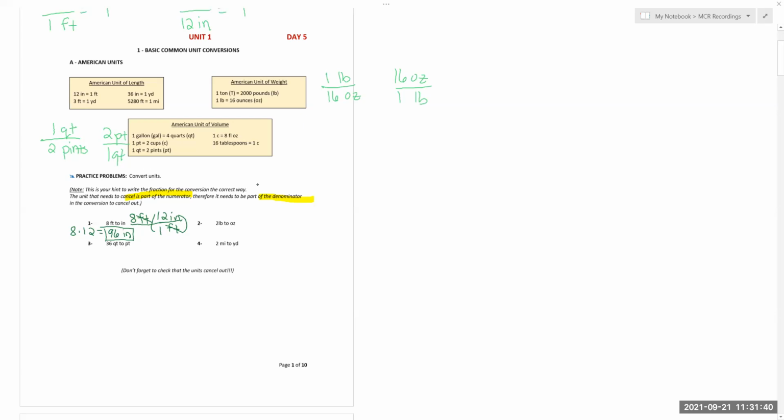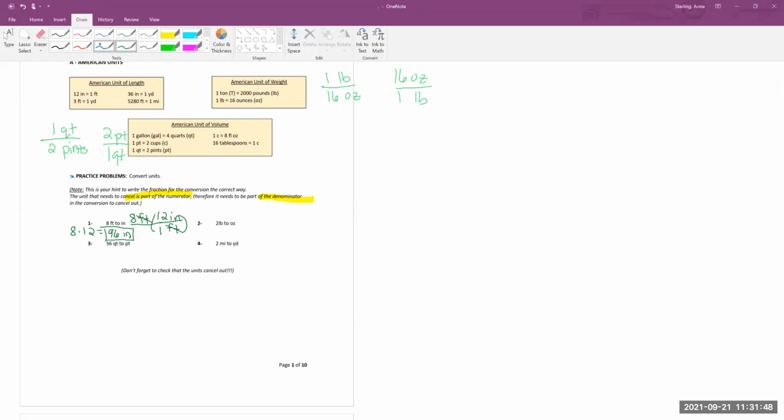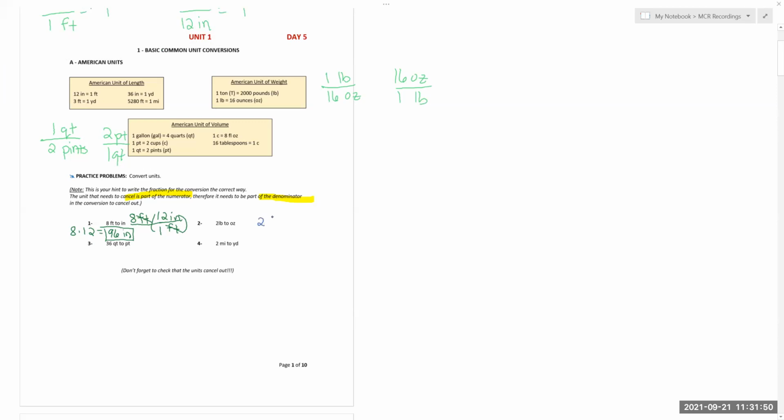So then over here, if I want to do the second one, 2 pounds to ounces. Grab a different color. I do my 2 pounds. And I need pounds on the bottom. And then I want ounces on top. So for the 2 pounds to ounces, that'll cancel my pounds.